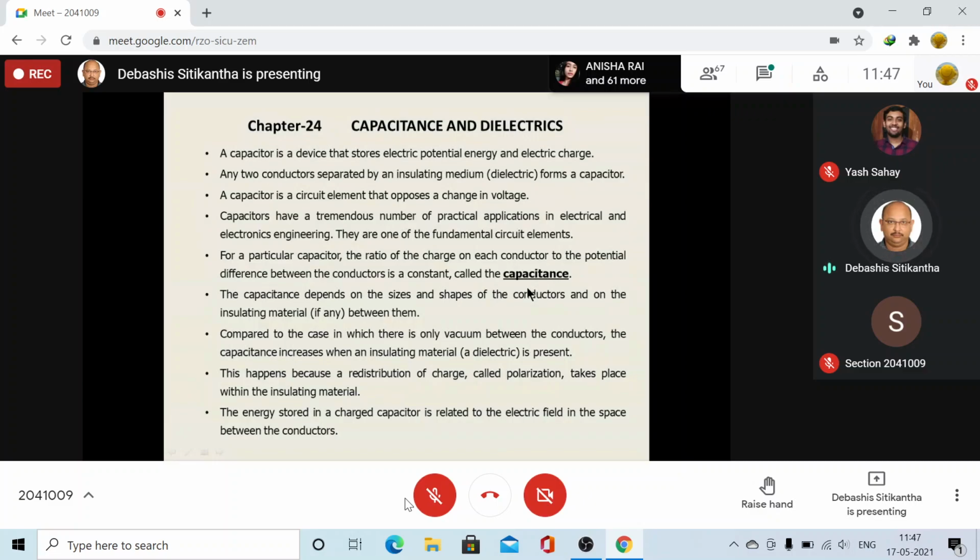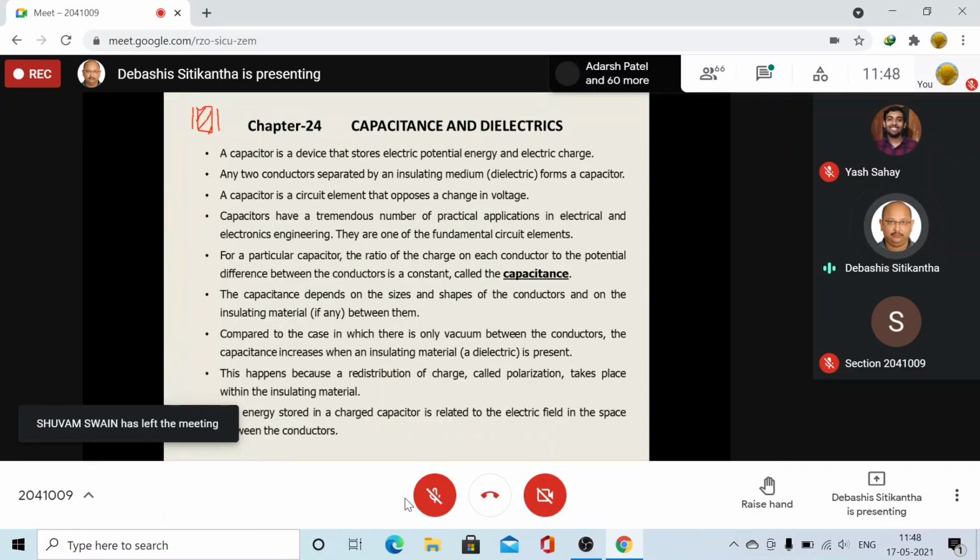Another definition is a very common definition. Any two conductors separated by an insulating medium. Fine. So I will take 2 conductors, and in between them I will place some insulating material like paper or rubber, something like that, or even air is also going to act as a dielectric medium.